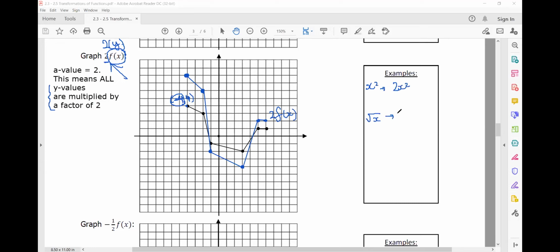If the parent function was a square root, the entire function is multiplied by 2. If it's a reciprocal function, the entire reciprocal function is multiplied by 2. And if you know your fractions, you can write this as 2/x instead. So if you see a numerator with a number, you know that there's been a multiplication. So you can put a little star next to that.